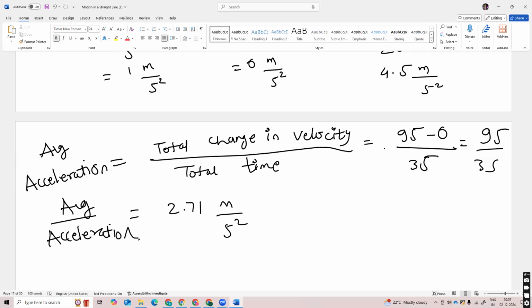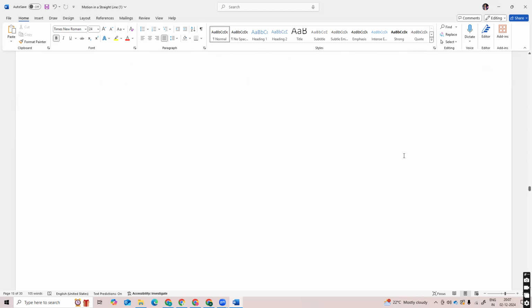So questions can come like this. For now we'll just see the average acceleration only. I will give you a few examples of that.